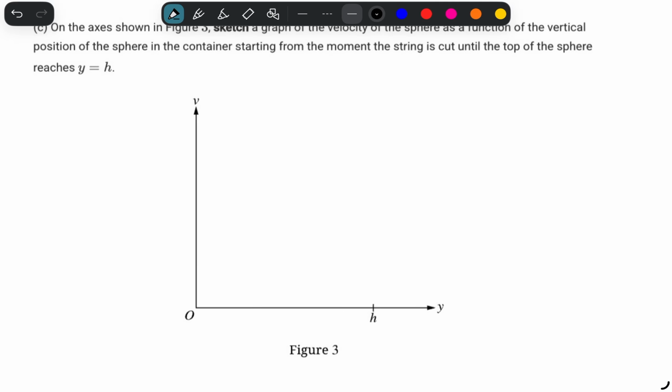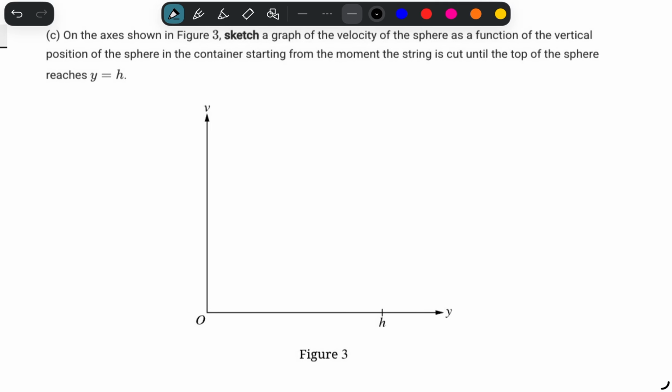Now, on the axes shown in figure 3, sketch a graph of the velocity of the sphere as a function of the vertical position of the sphere in the container starting from the moment the string is cut until the top of the sphere reaches y is equal to h. We know that immediately after the cut, we have v is equal to 0.